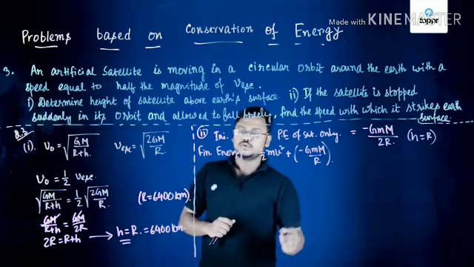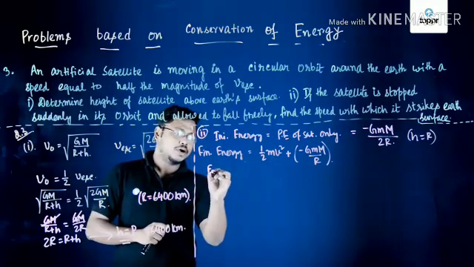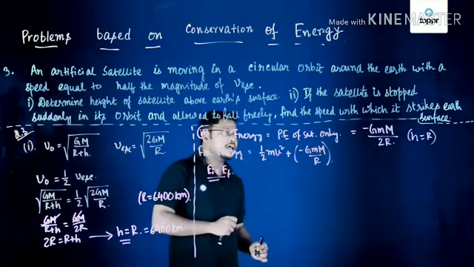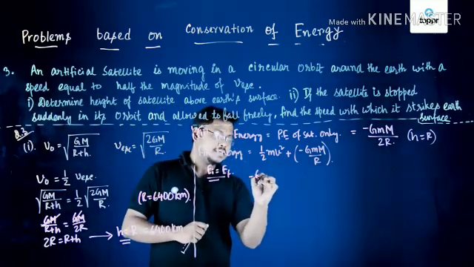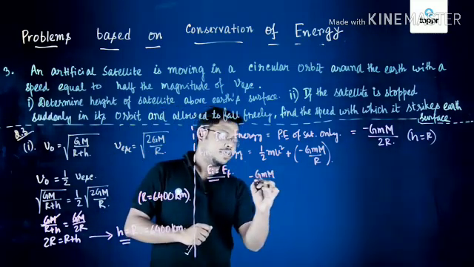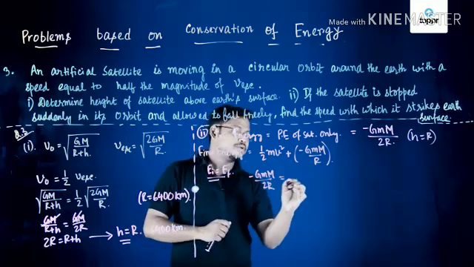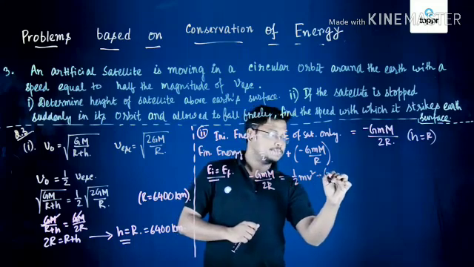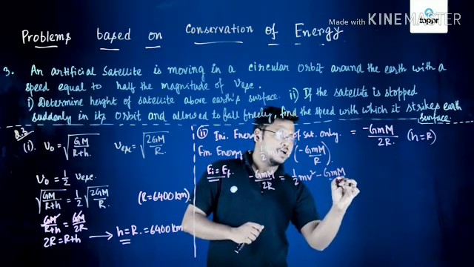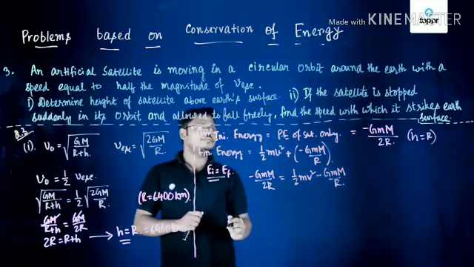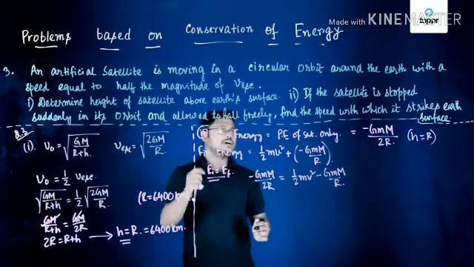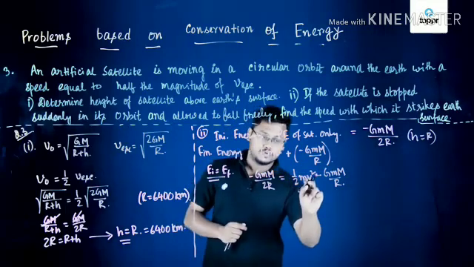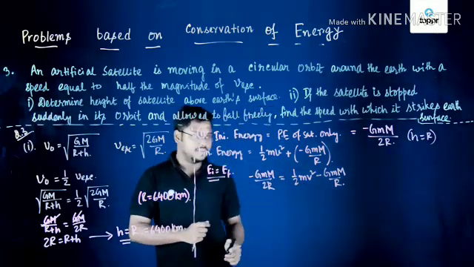So by equating these two, we can write Ei equal to Ef, from the conservation of energy principle, and I can write it as minus GMm divided by twice R equals half of m v square minus GMm divided by R. We are required to find the speed with which it strikes the surface of the earth. Let us assume the speed to be small v.